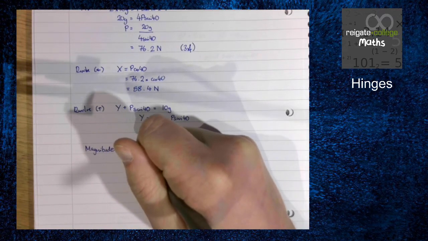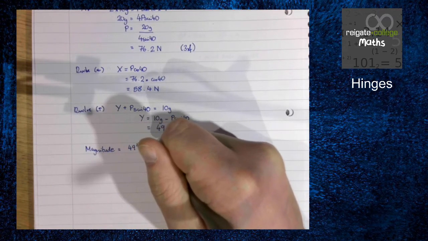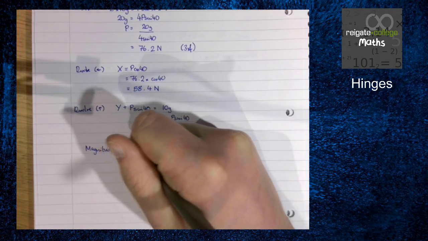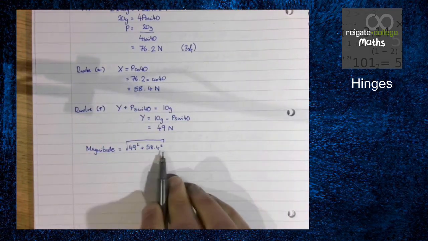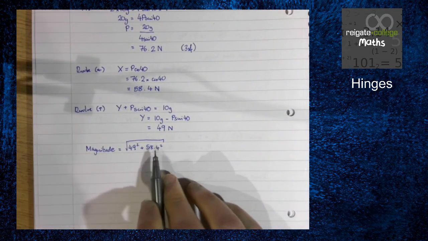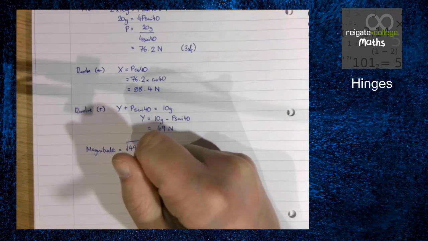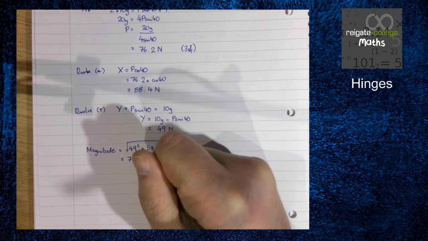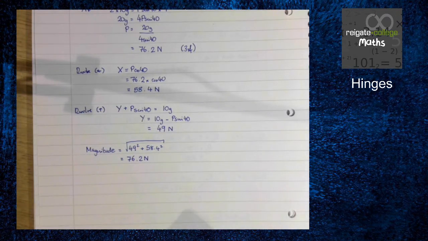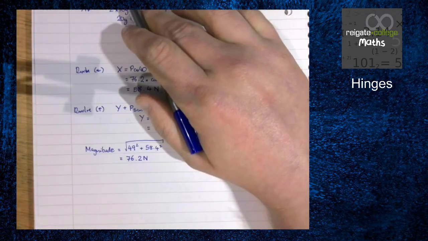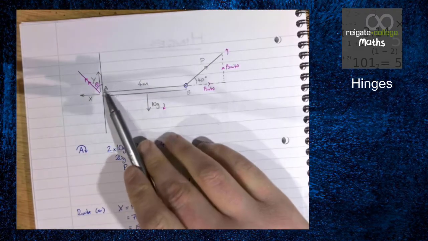Okay, 49 squared plus 58.4 squared, all square rooted. Again, we'll use the exact one in our calculator for this, but we'll write this down like that. And this comes out as 76.2 newtons, which interestingly is the same as P. Which means you can probably guess what this angle's going to be.